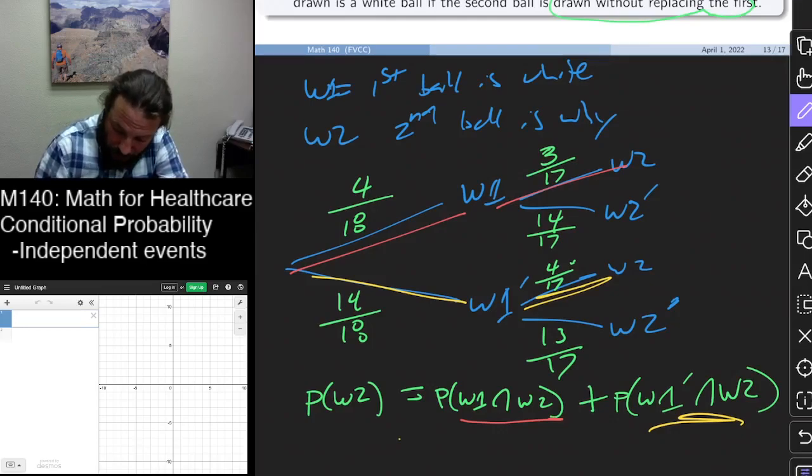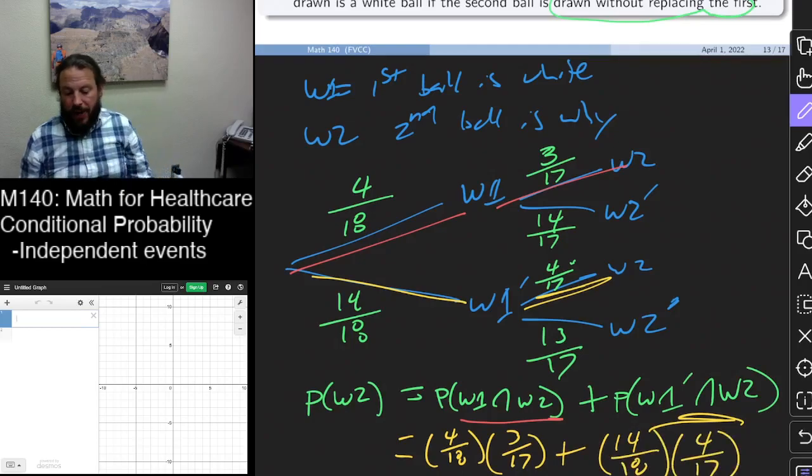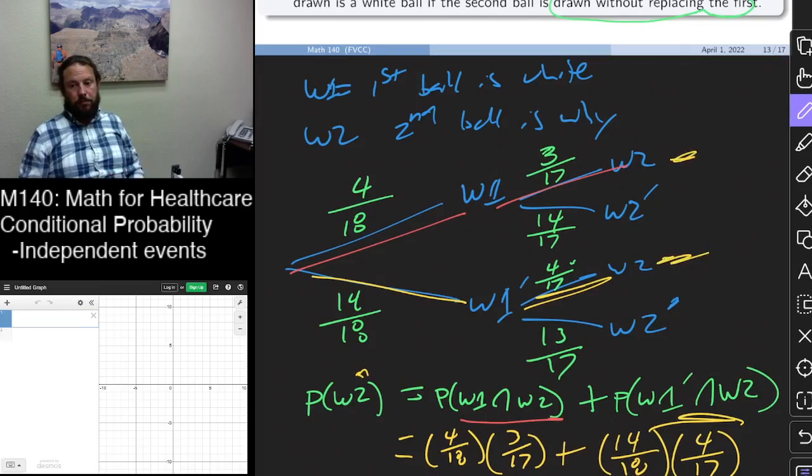So this is going to be 4/18 times 3/17 plus 14/18 times 4/17. Those are all our paths to W2, right, all our paths there.